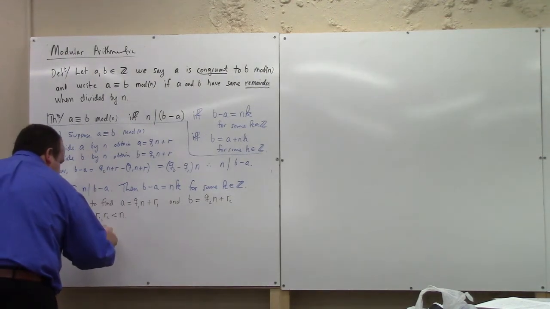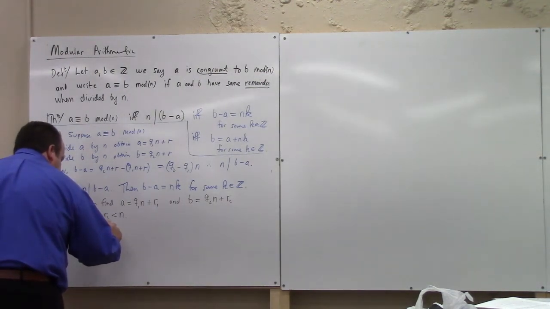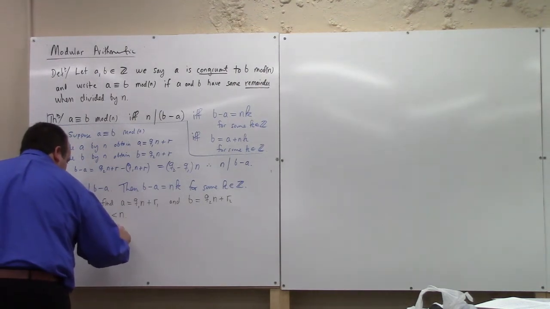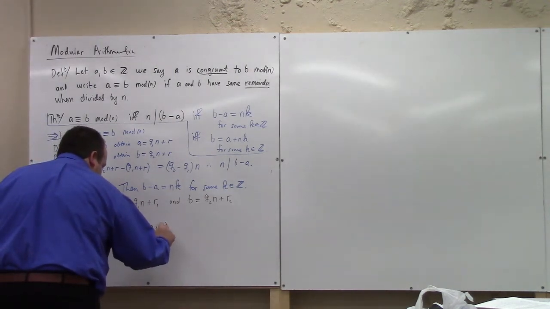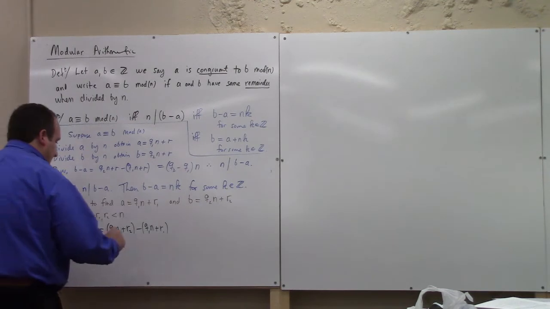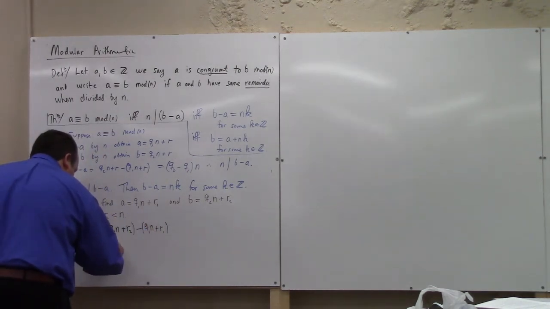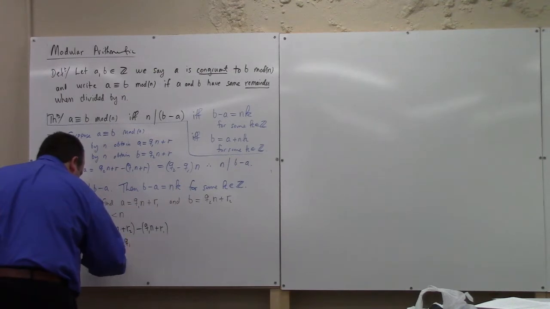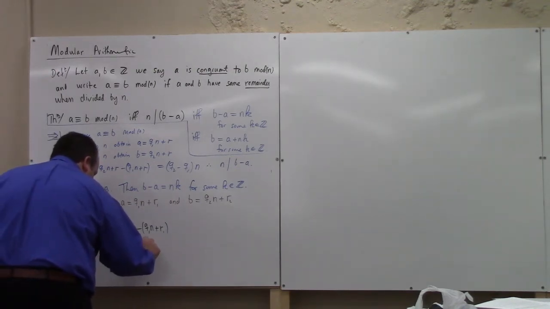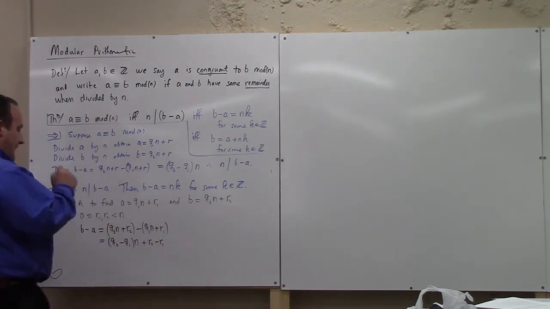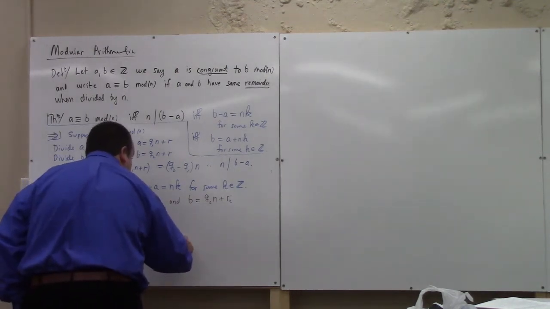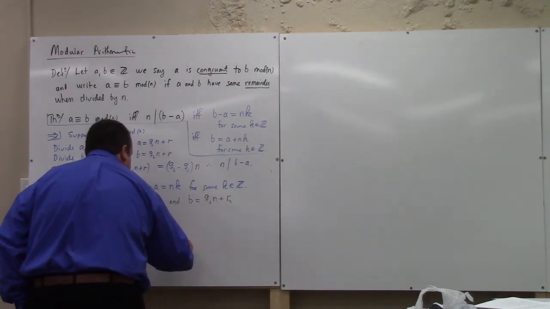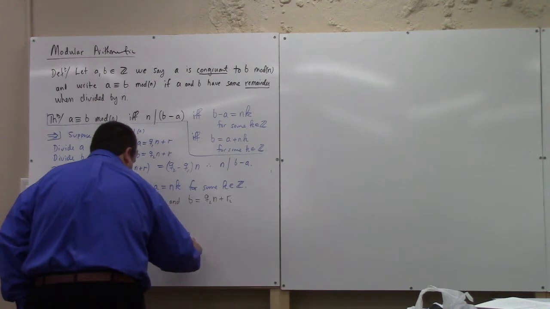B minus A is Q2n plus R2 minus Q1n plus R1, and so that's equal to Q2 minus Q1 times n, plus R2 minus R1. But that's also equal to n times k, whatever k that is, right?